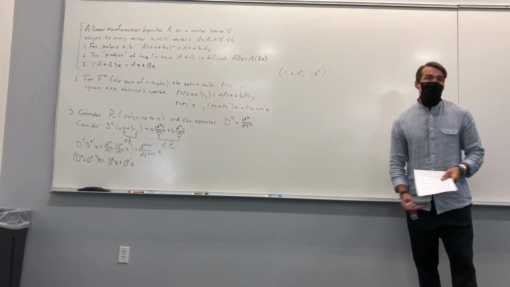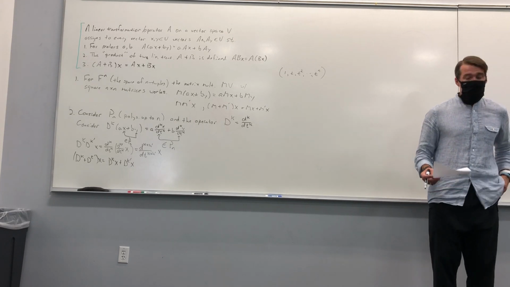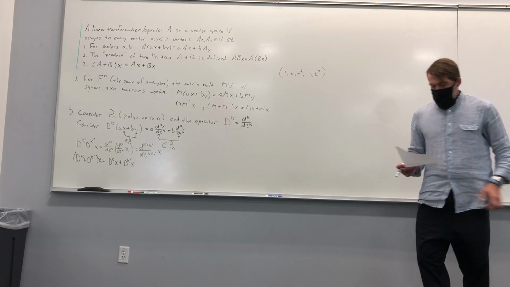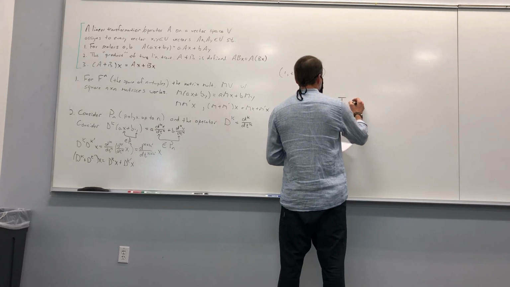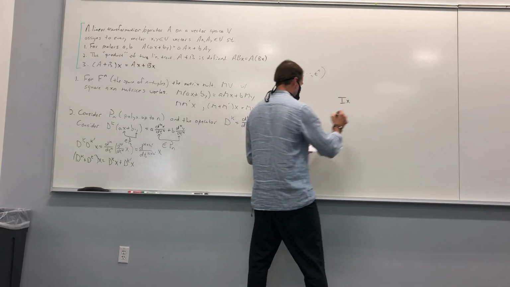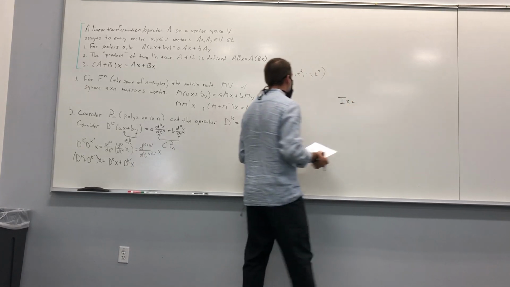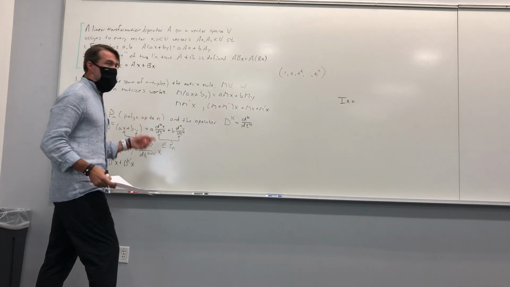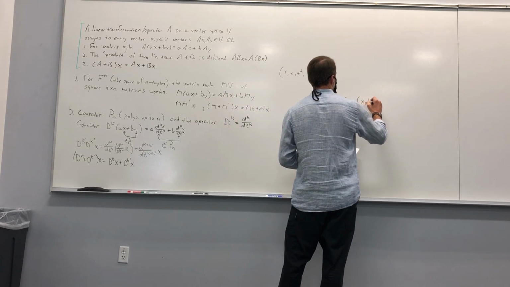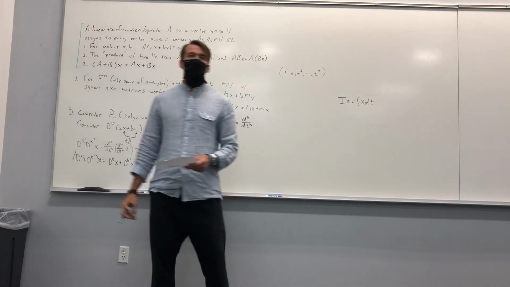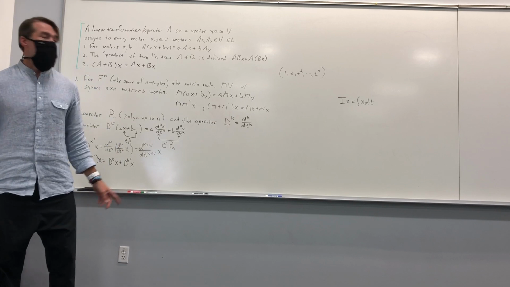Okay, so here's two examples of linear transformations of vector spaces. Now, I have a question. What about the integral of a vector x, where x lives on this polynomial vector space, where the integral would simply be the integral of x dt? Is that a linear transformation on this vector space?